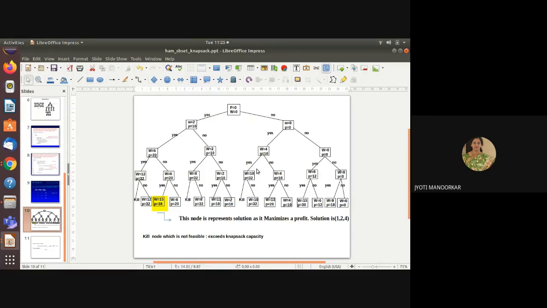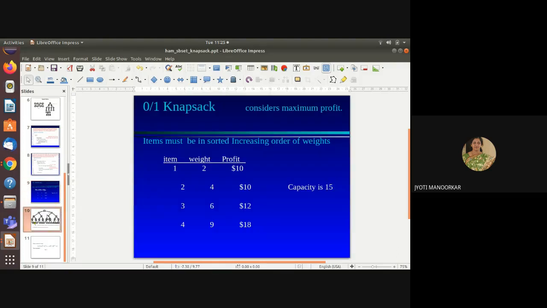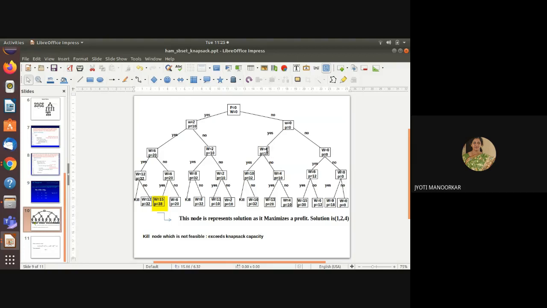So come at this point now, how we are getting these values. This node represents we are not considering the first element, we are considering the second element, and we are considering the third element. So what is the current capacity of knapsack? I am having 15 minus 4, right? So current weight कितना हो जाएगा अगर मैं थर्ड एलिमेंट कंसिडर करती हूँ तो? सो थर्ड एलिमेंट का वेट है, it's 6, एंड करंट वेट क्या अचीव हुआ है? दैट इज 4.